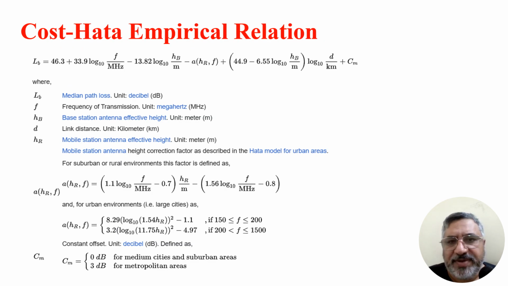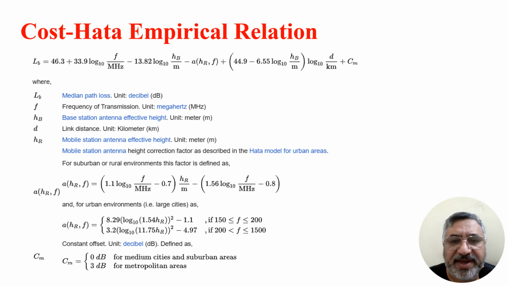Before stating the COST Hata model, it is important to note that Hata introduced some variables, like many other models. The COST Hata model uses five factors to calculate LB, the median path loss in decibels. He introduced frequency, denoted by F, and HB, which is the base station antenna effective height.